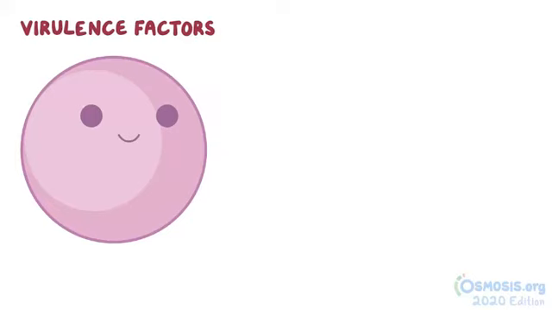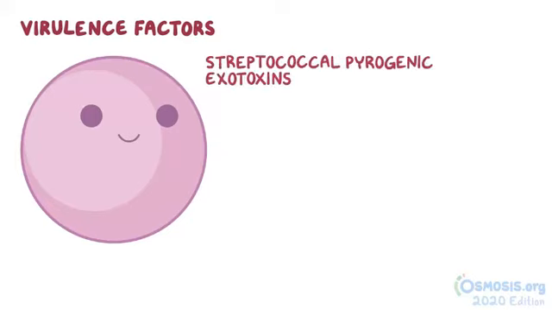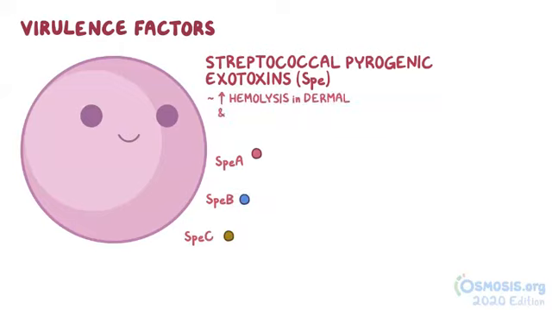It also uses erythrogenic toxins, that are also called streptococcal pyrogenic exotoxins, or SPE for short, which come in 3 flavors: SPEA, SPEB, and SPEC. This leads to increased hemolysis in the dermal and submucosal blood capillaries.